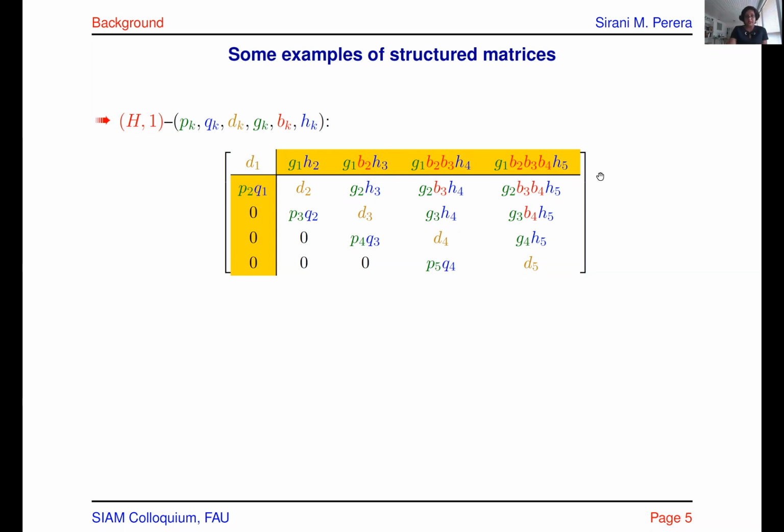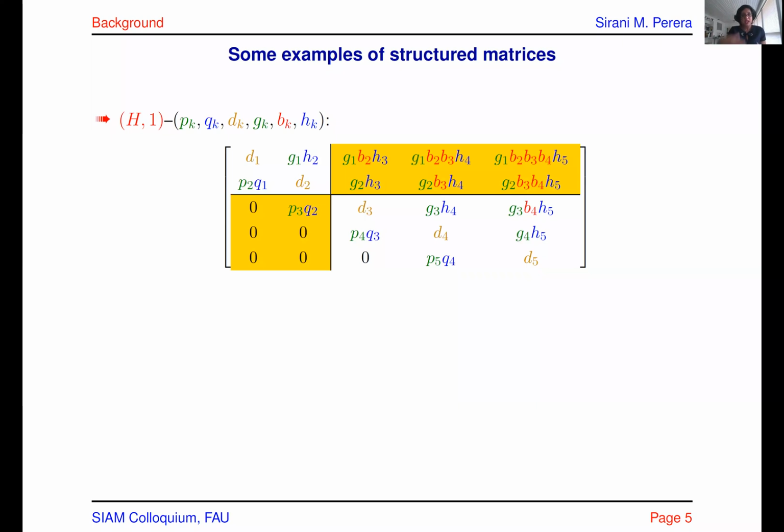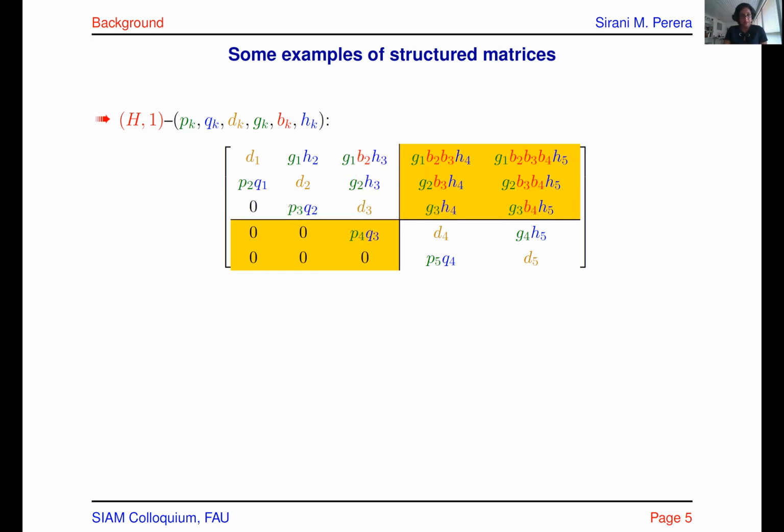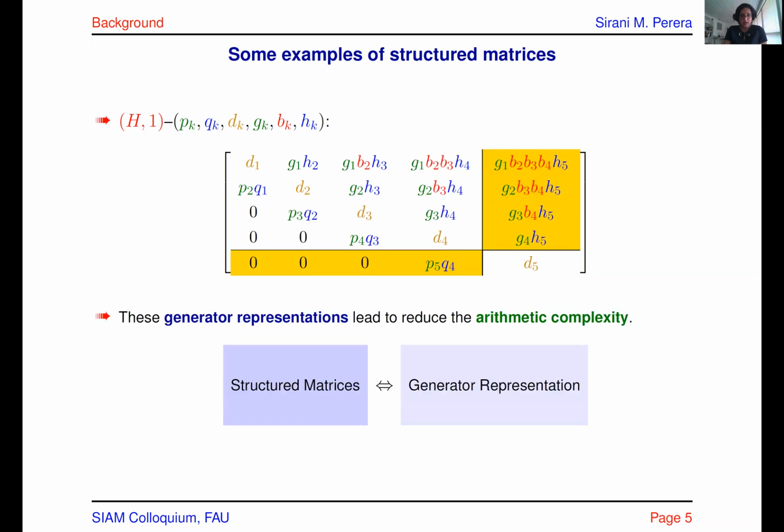Obviously, a single row is rank 1. If you look at it, one row is a multiple of the other, so it's still rank 1. The 1, 2 block has rank 1, and this 1, 2 block still has rank 1. And obviously, one column is rank 1. So you can use generators to construct this matrix. What's the beauty in this matrix?